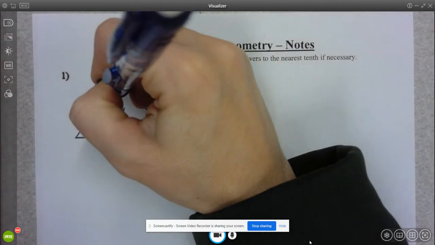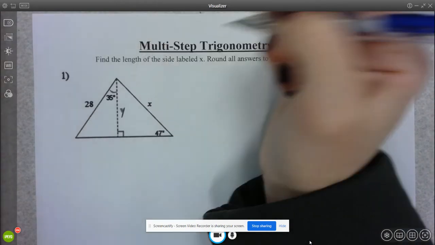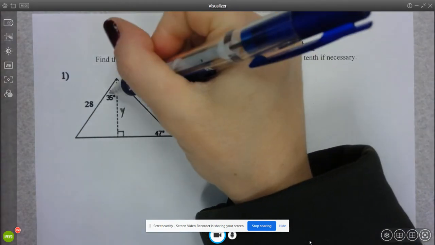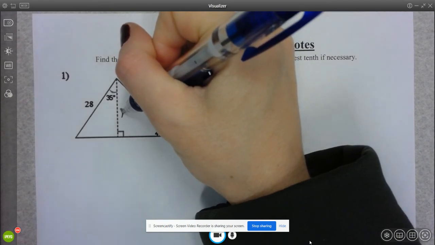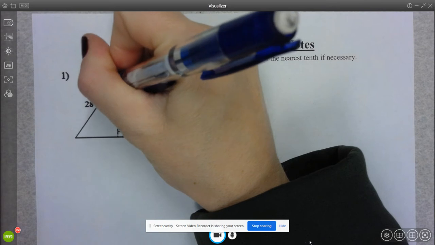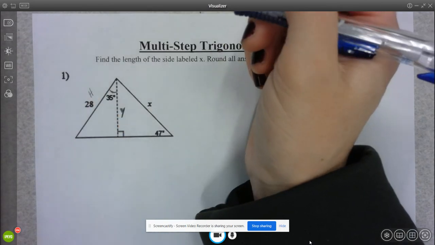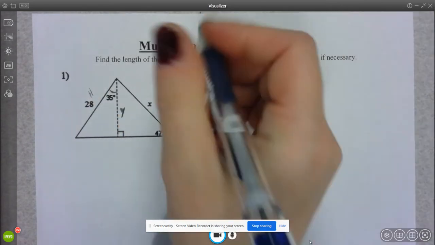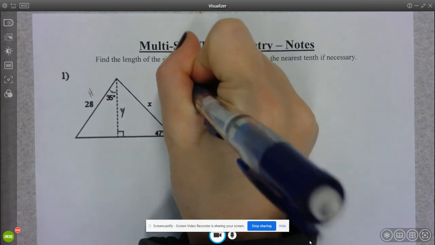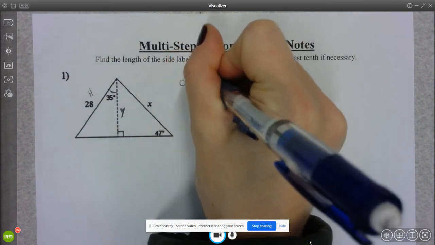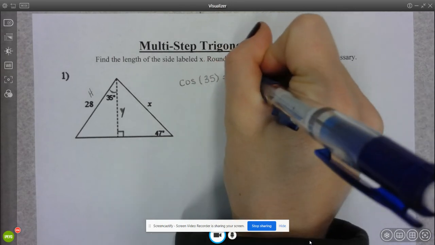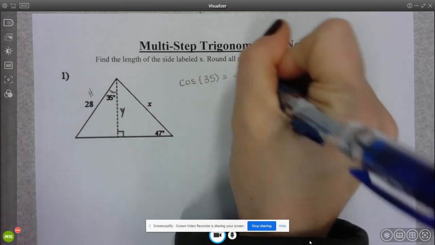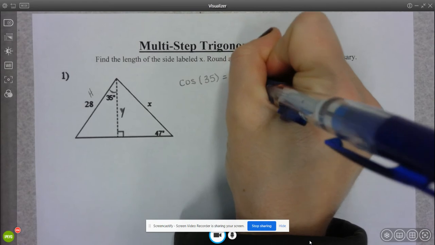So starting with the triangle on the left, I'm going to use the angle of 35 degrees. For this triangle, Y is adjacent, and this is our hypotenuse. So adjacent and hypotenuse give me cosine. So I'm going to have the cosine of 35 is equal to Y over 28.